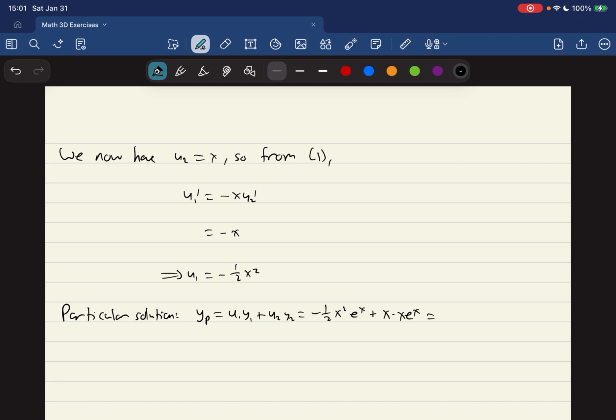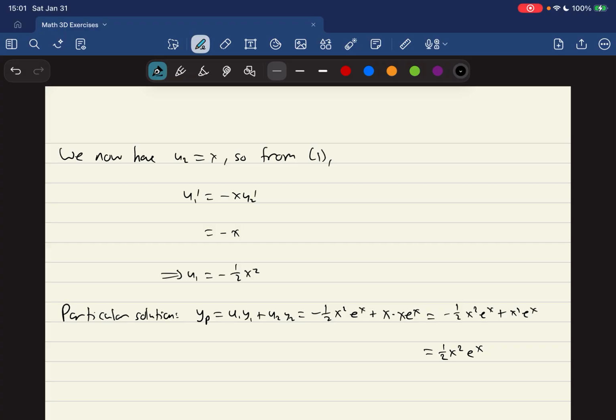And so this is negative 1/2 x squared e to the x plus x squared e to the x, which works out to be 1/2 x squared e to the x. Very nice.